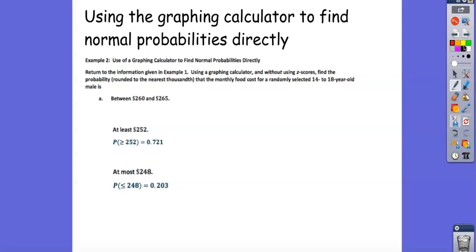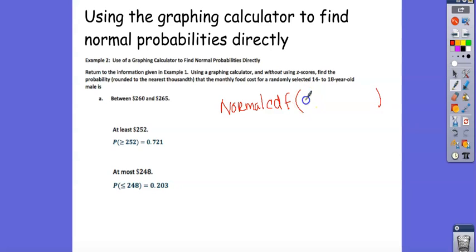The next thing they want to talk to you about is being able to use the graphing calculator to find normal probabilities directly. We can use that online function that I have. Also, if you don't have the z-scores, if you have the TI-84, there is this function called normalcdf.